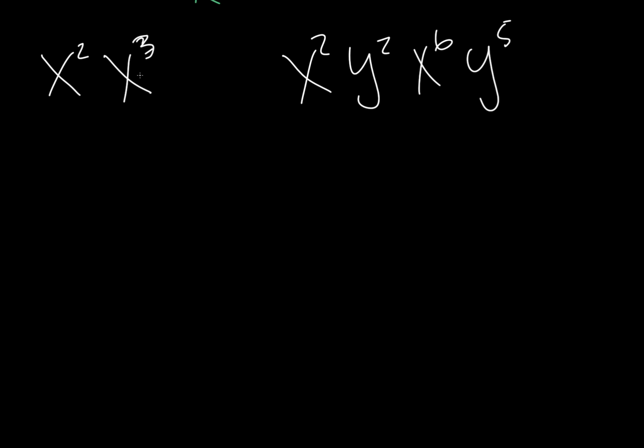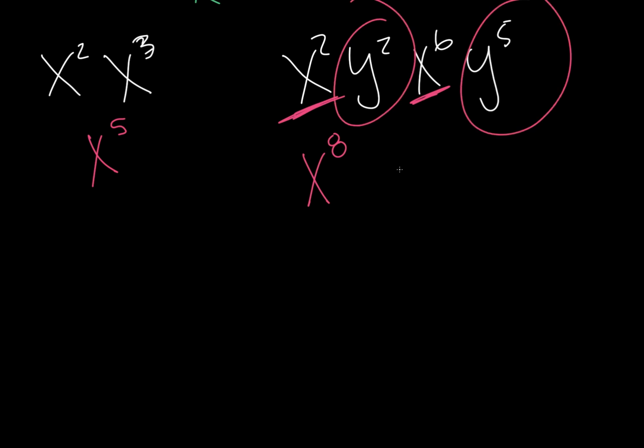On this first one, since it's two pieces being multiplied together, we add the exponents. So we have 2 plus 3, which gives us a 5. Over here, we need to make sure we're only combining the things that have the same base. And so we're going to have 2 and 6. So we end up with x to the 8. And now we add the y's, and so y to the 7. Okay?